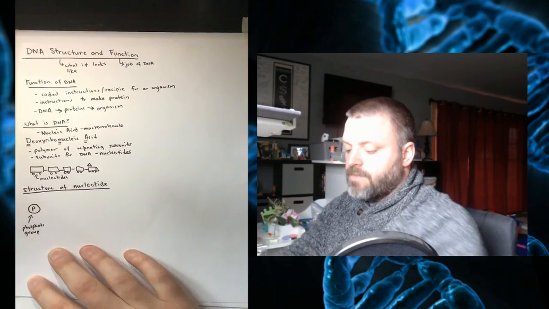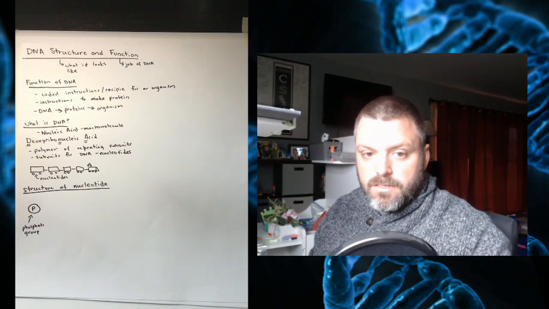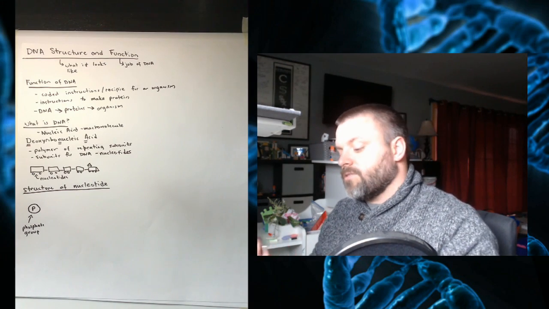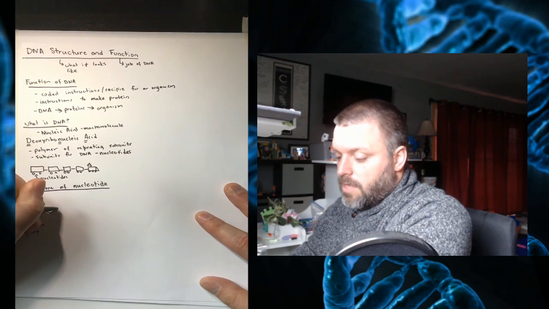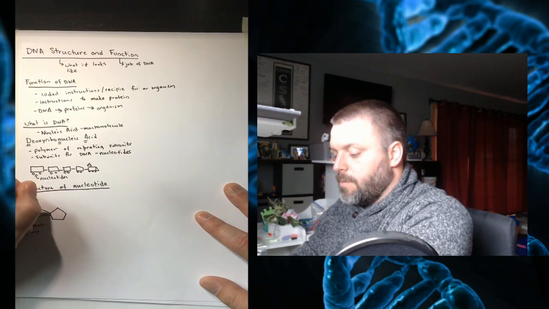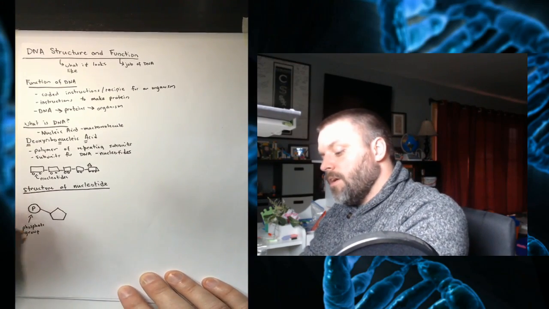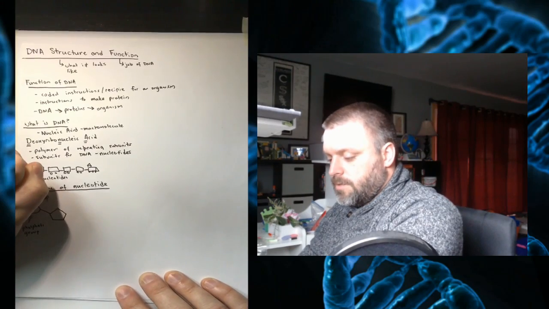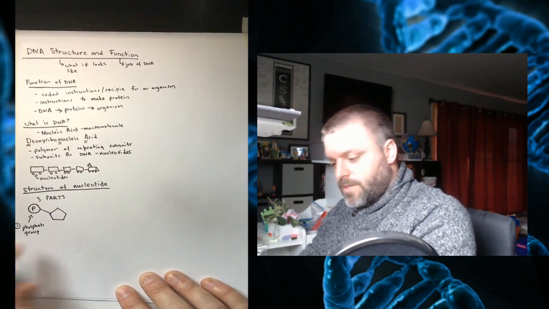Okay, we've already talked about phosphate groups when we talked about ATP and ADP. Just like when we talked about ATP and ADP, a phosphate group is just a phosphorus and a bunch of oxygens, phosphorus and 4 oxygens. All right, attached to that, you're going to draw a line symbolizing a covalent bond and a 5-membered ring, a pentagon. Okay, so that's the first part of a nucleotide. There are 3 parts to it. Okay, and the first one is the phosphate group.